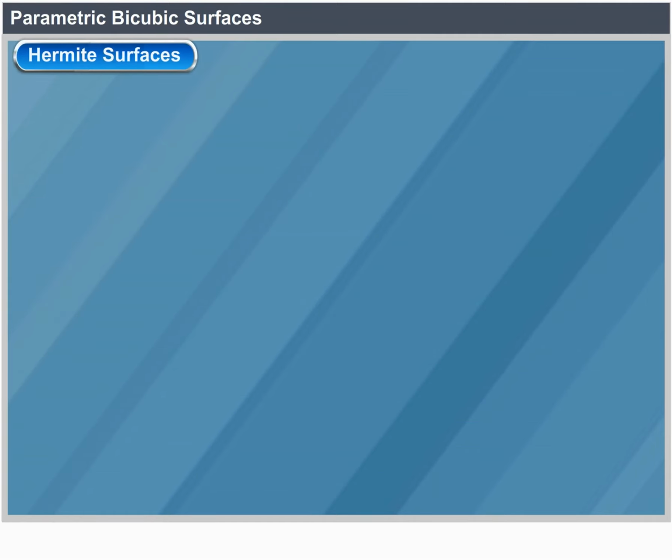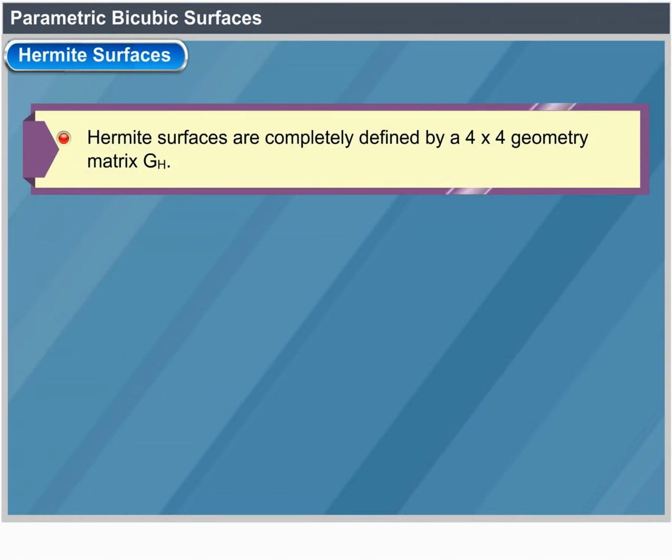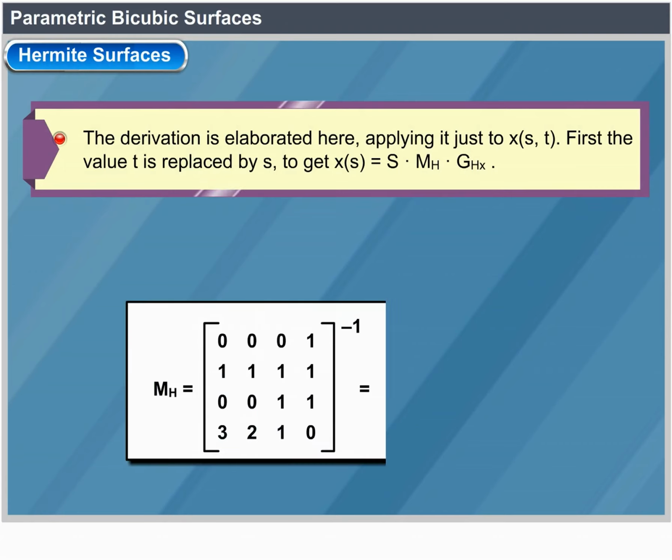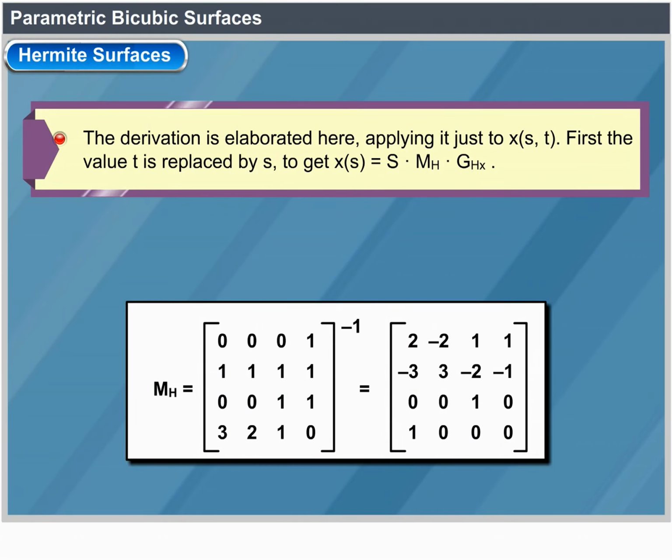Hermite surfaces. Hermite surfaces are completely defined by a 4x4 geometry matrix GH. We further elaborate the derivation here, applying it just to X of S, T. First we replace T by S to get X of S equals S and MH and GHx.